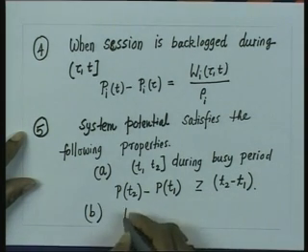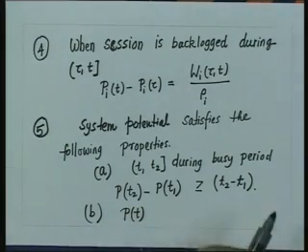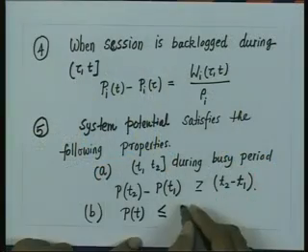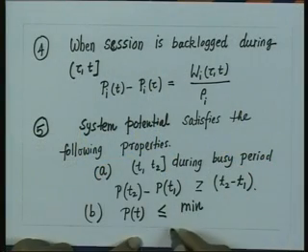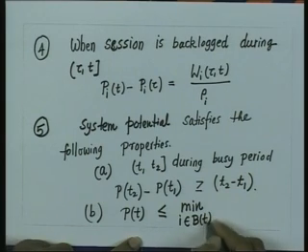So the system potential during an interval, which is a subinterval of the system busy period, increases at least as much as the increase in real time. The other is that the system potential is always less than or equal to the minimum session potential of the backlogged sessions.